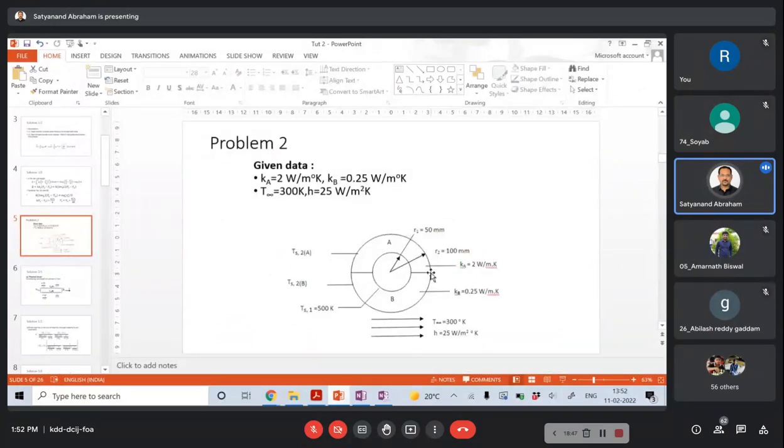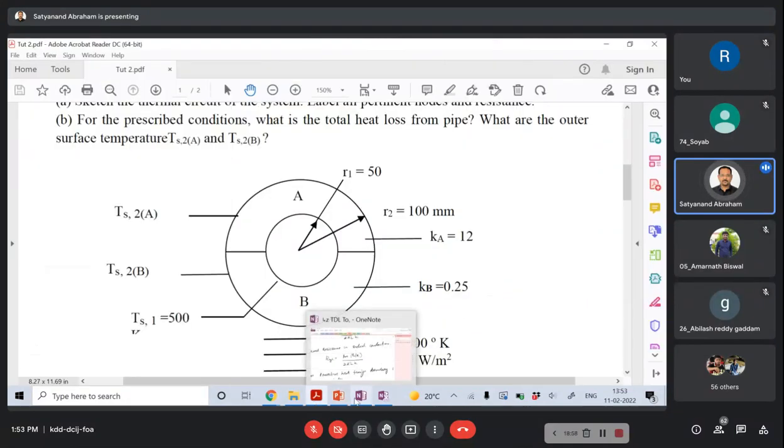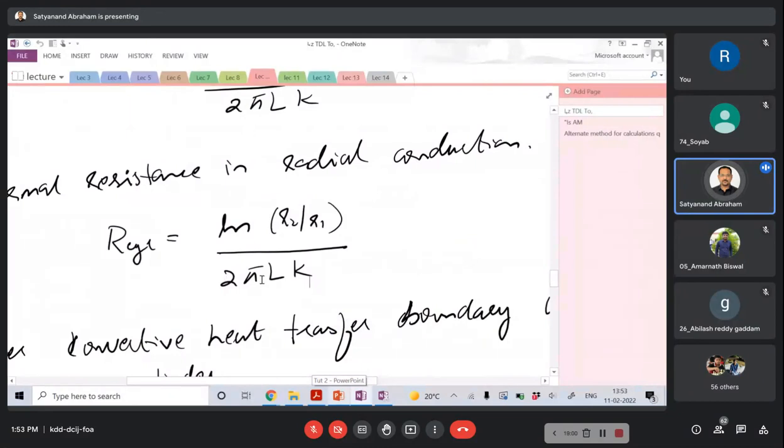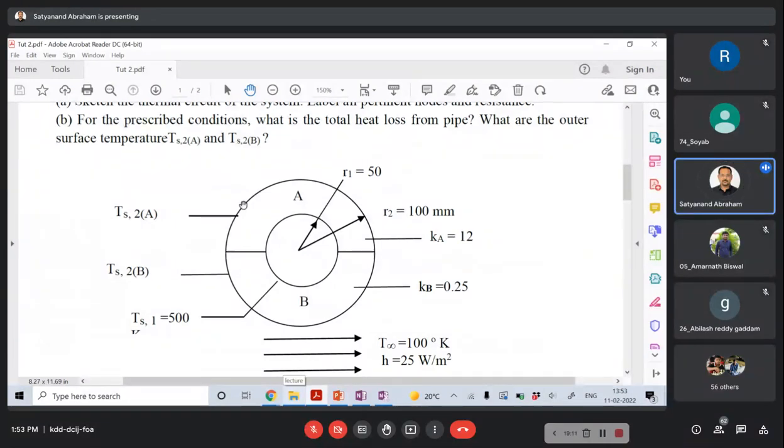So instead of 2 pi r you have to go for pi r. Therefore, in the denominator, instead of 2 pi, we write ln(r2/r1) divided by pi L k. That is the resistance for this half section.